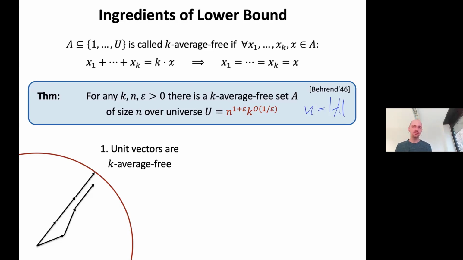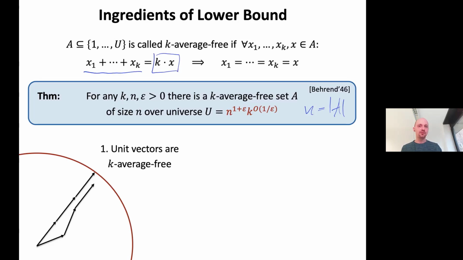You take a unit vector and you add it up k times, and you end up at a vector that has length k. But if you take any k unit vectors that are not the same, then you end up at a length strictly less than k. So if you want to check whether the sum of k unit vectors is equal to k times a unit vector, this can only be the case if all these unit vectors are the same.